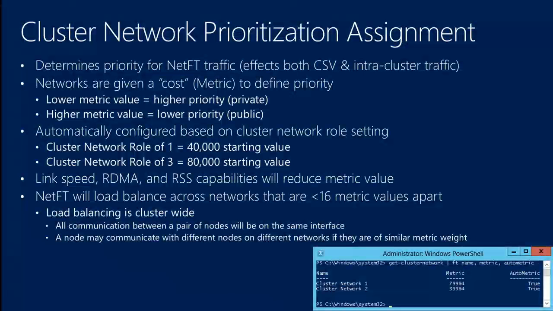Clustering builds this full mesh heartbeating. We'll build a network route to node 1 across maybe this interface, node 2 across that interface, node 3 across this interface, and 4 across this one. When I say load balance, I use that loosely, because we're not actually load balancing. You can think of it more like we're just distributing different connections over different interfaces because they're of equal value.